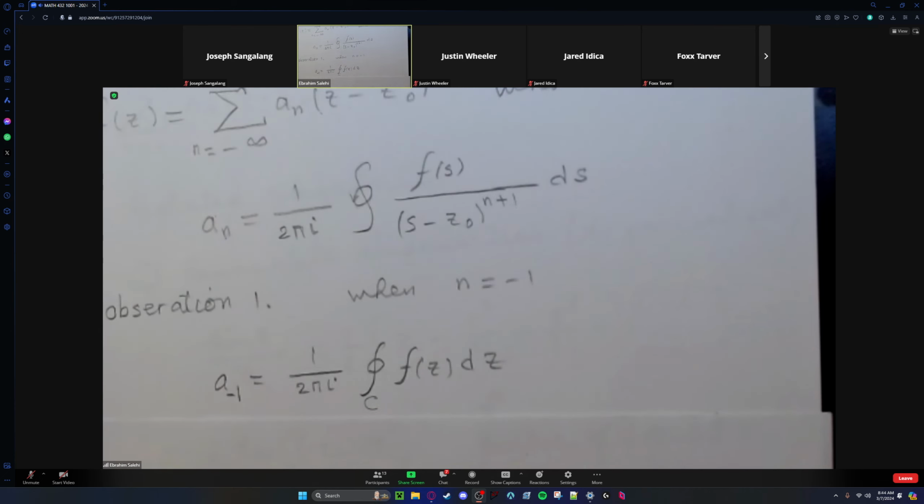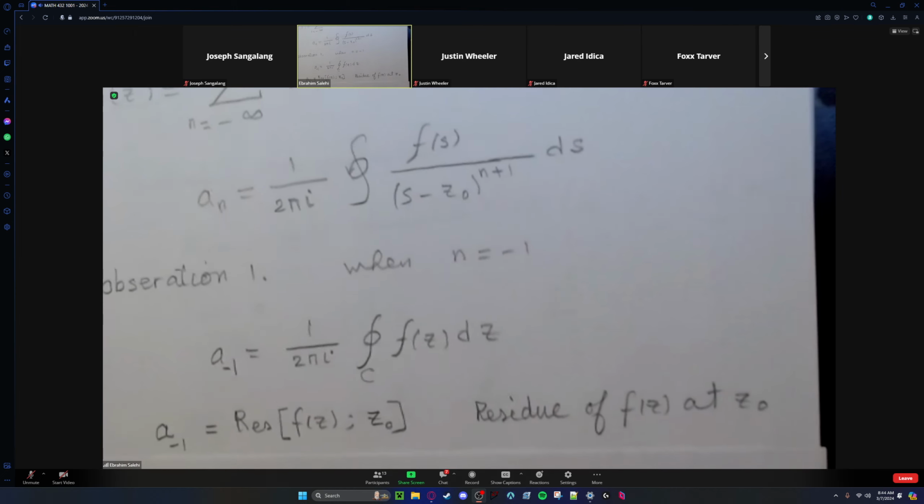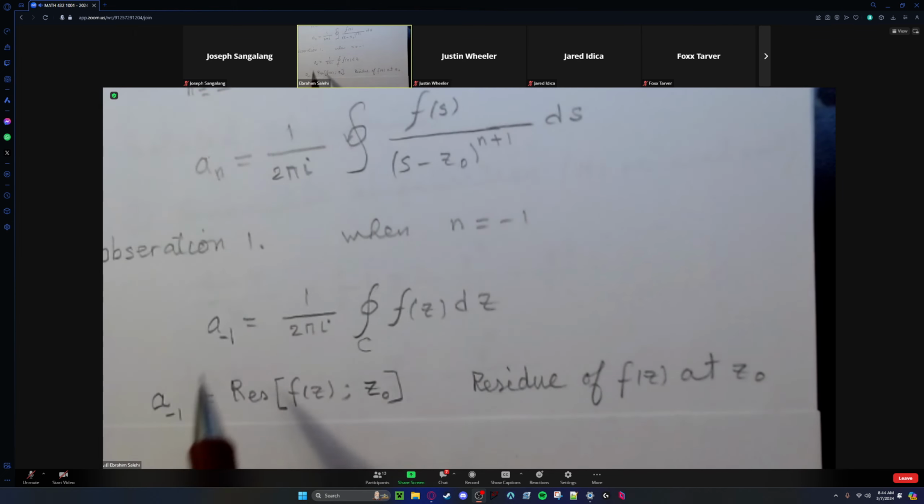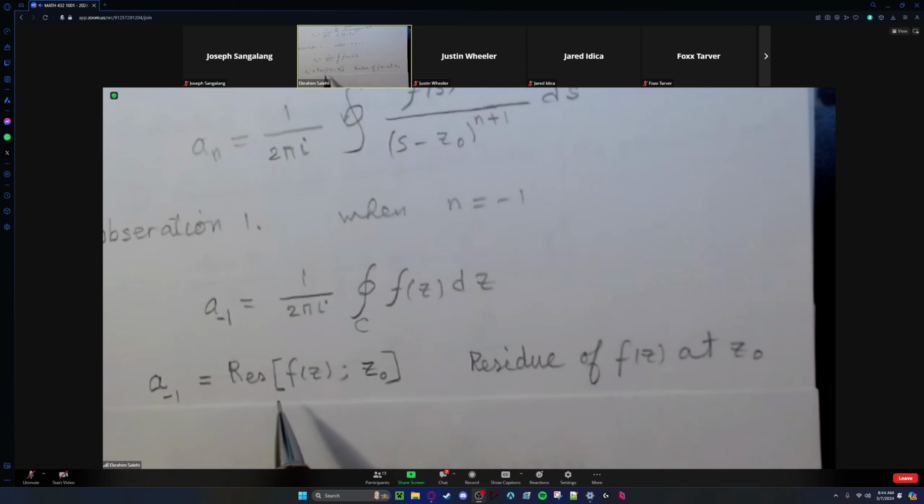So this number, which appears in that Laurent series, is called the residue of the function at that singularity. Residue at that singularity. Oh, we need this number.